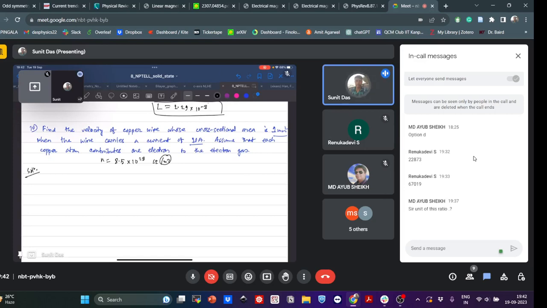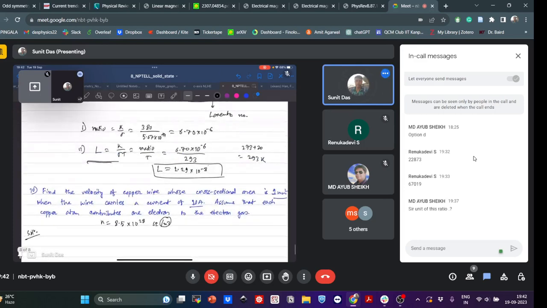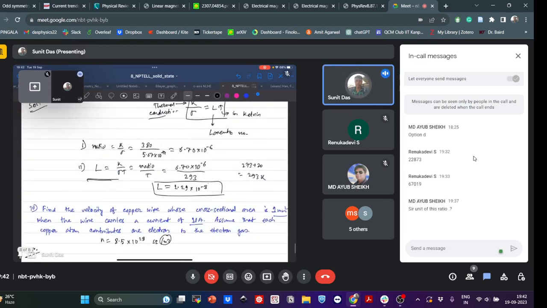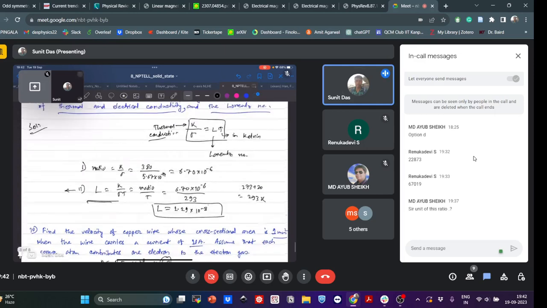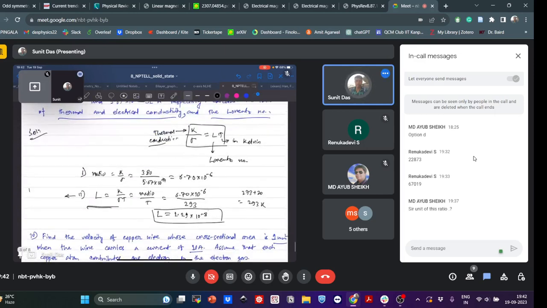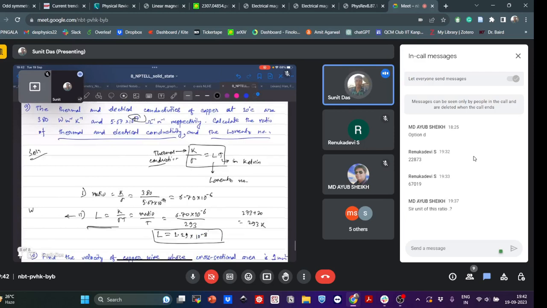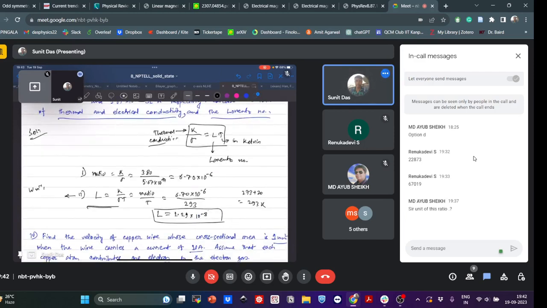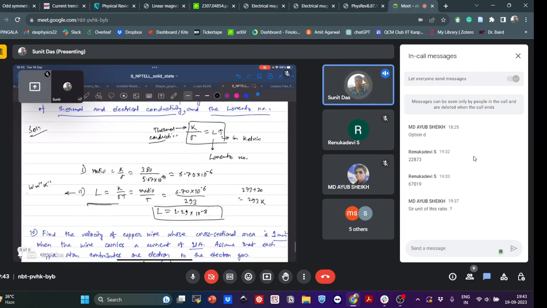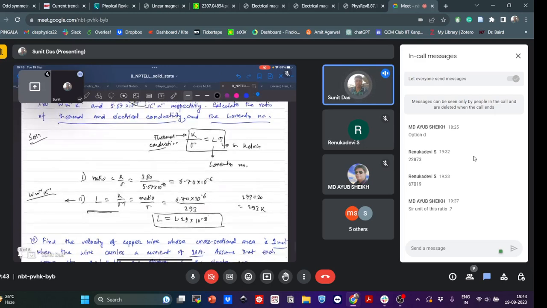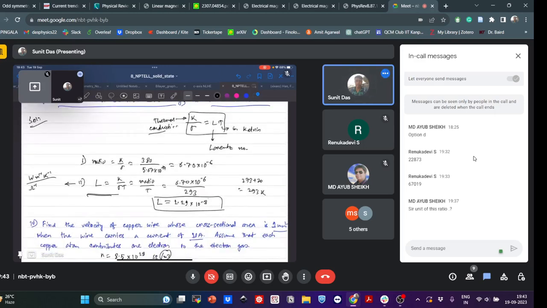Okay, in the previous question I have not written the unit of that ratio, right? So unit of K will be watt meter inverse Kelvin inverse, and then sigma unit will be ohm inverse meter inverse, and then there is Kelvin for temperature, right?